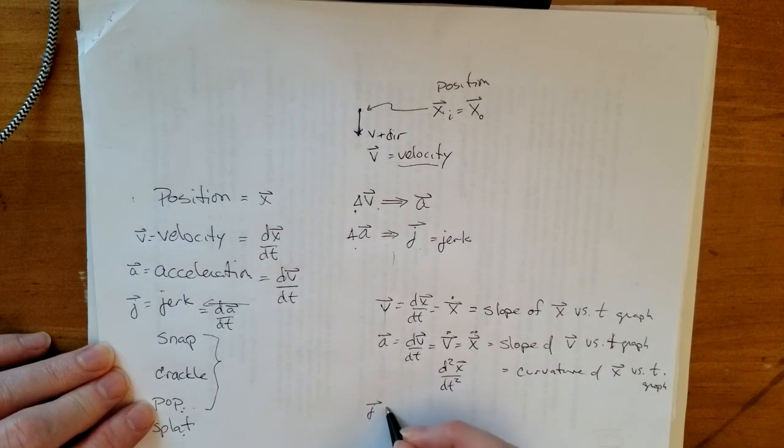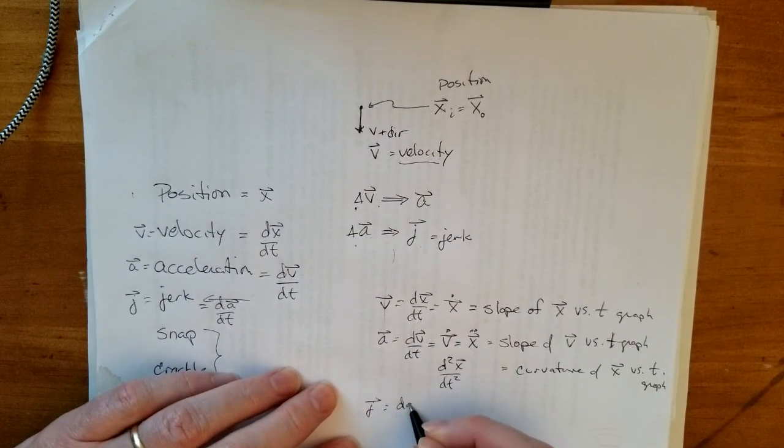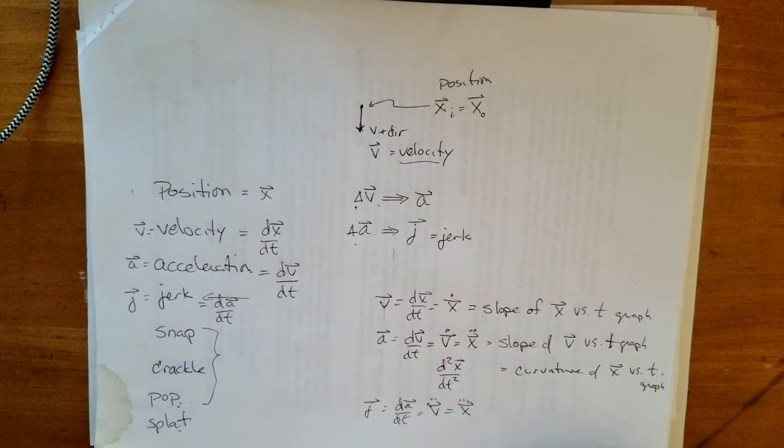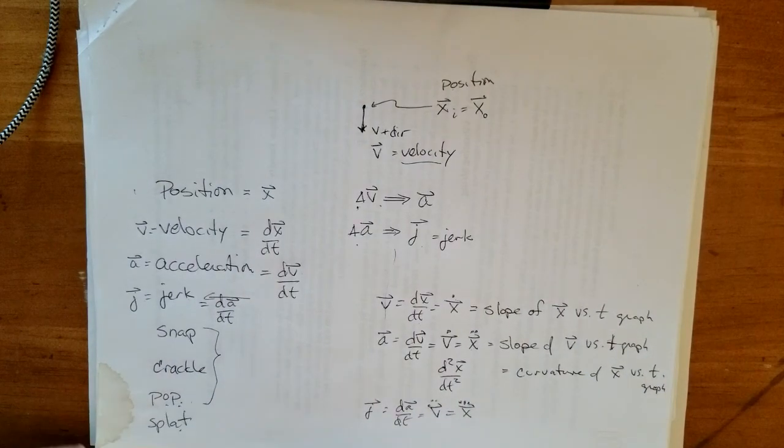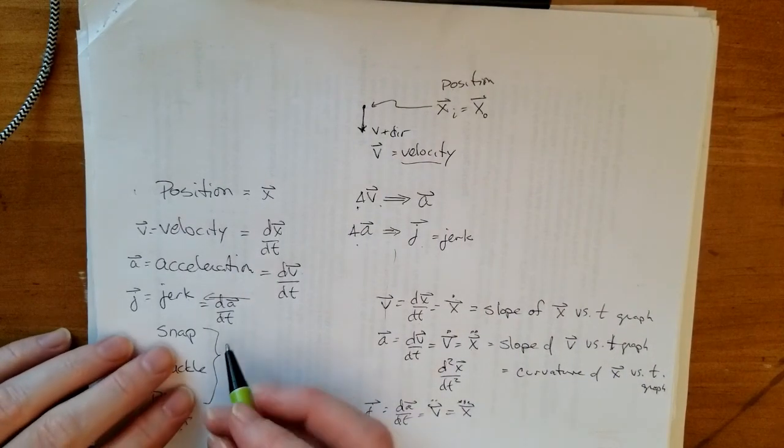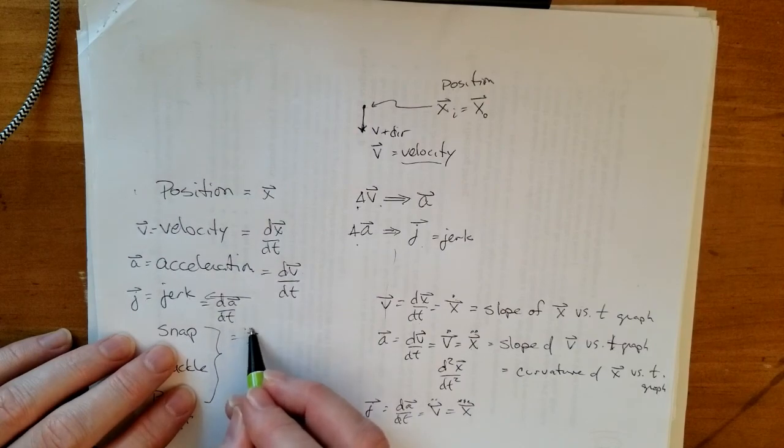Jerk is da dt, which can also be written as v double dot or x triple dot. And so you can see that generally you use dot notation, and there are a couple other notations that can be used for these mathematically. It's not like you typically see snap is x with 4 dots on it.